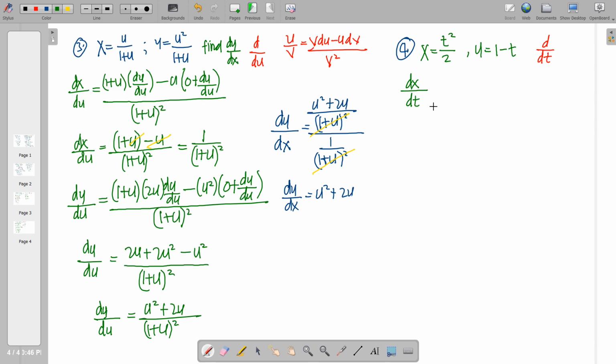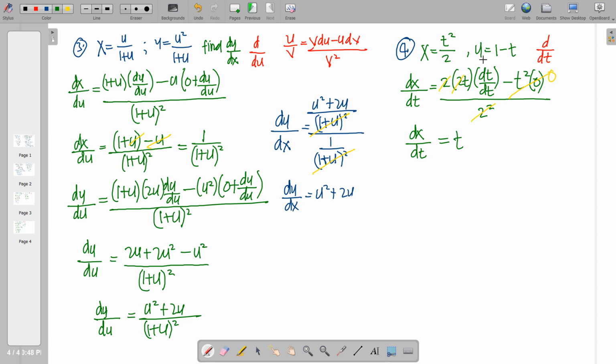So for the function of x with respect to t, we have v du minus u dv all over the square of the denominator. So we have dx over dt, considering that this is equal to 0, and the 4 here will just be cancelled. Therefore, dx over dt will just be equal to t.